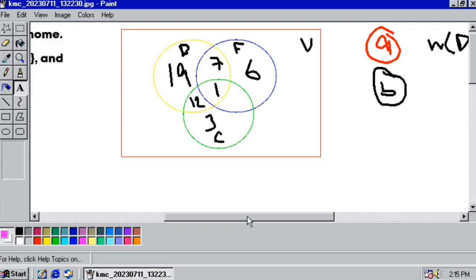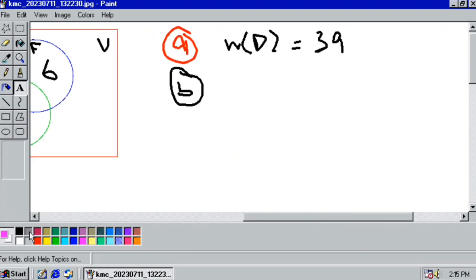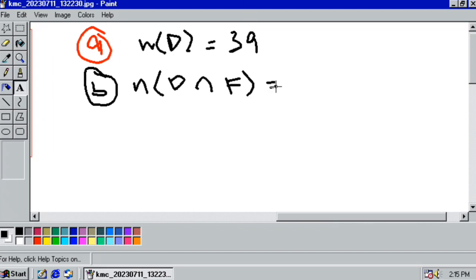So 7 and 1 is 8. So the number of dogs intersection fish is 8.